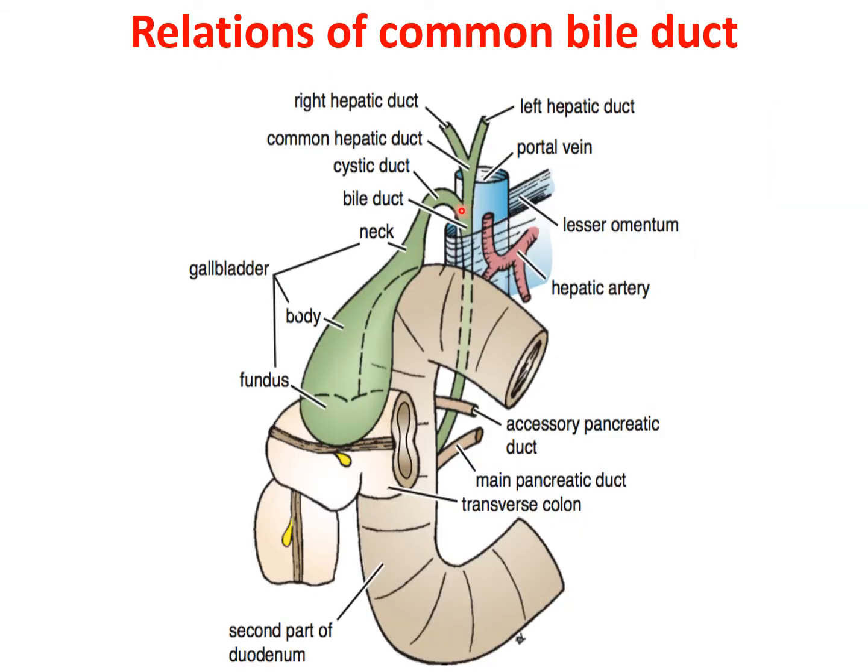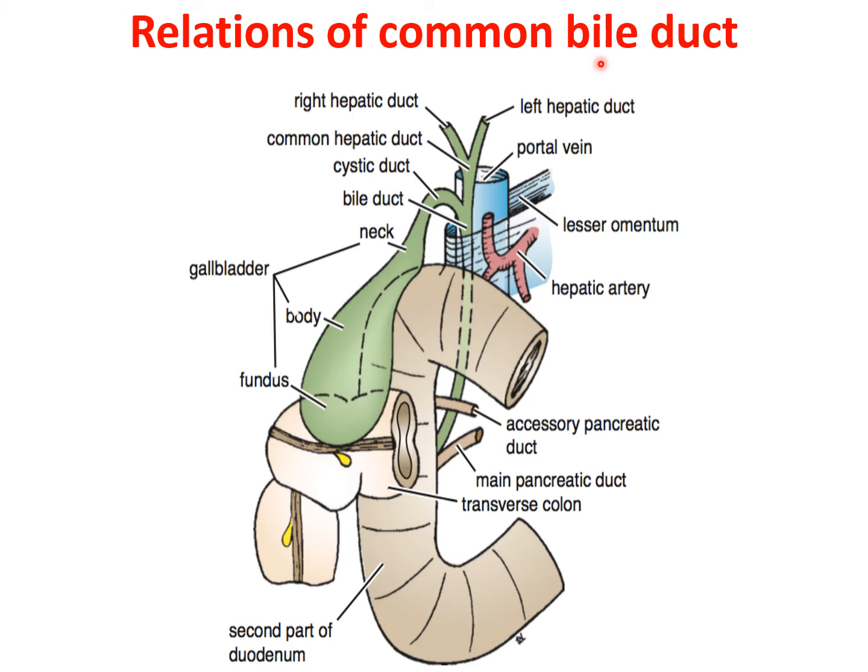So what will be the relations of this common bile duct? The supraduodenal part, which was running in the free margin of the lesser omentum, will be related anteriorly to the liver, and posteriorly you can see what is behind it, the portal vein and the epiploic foramen. To the left of it lies the hepatic artery.